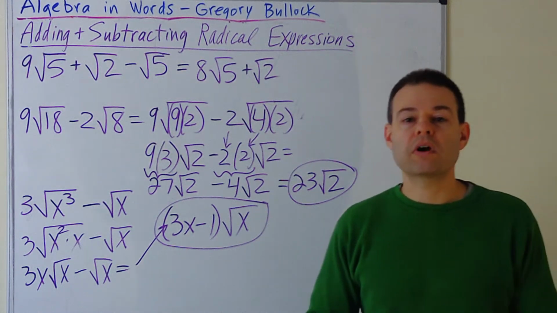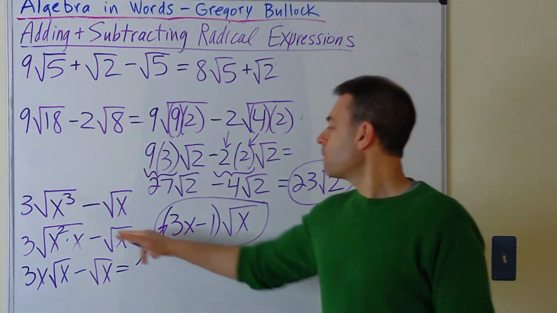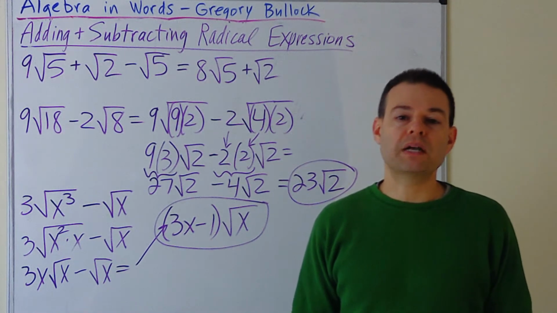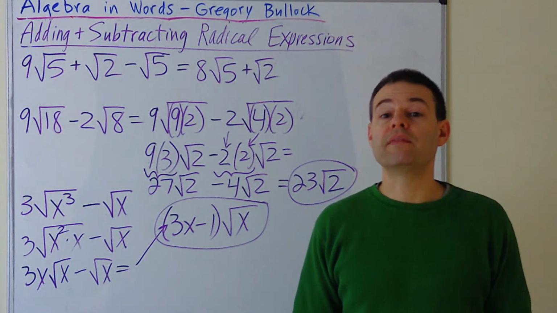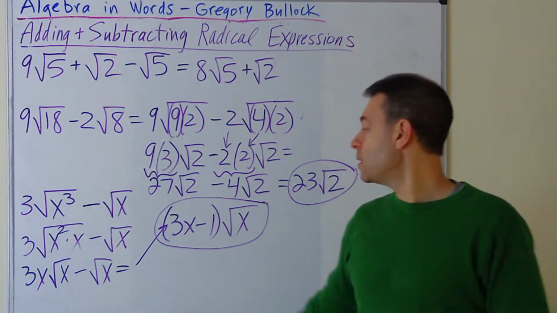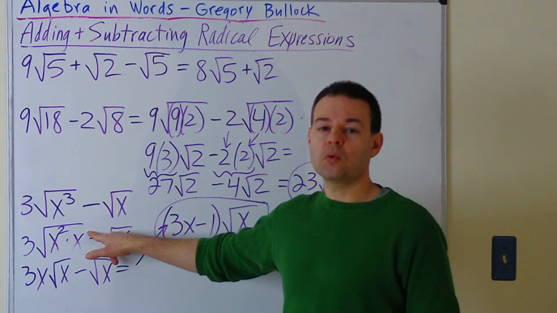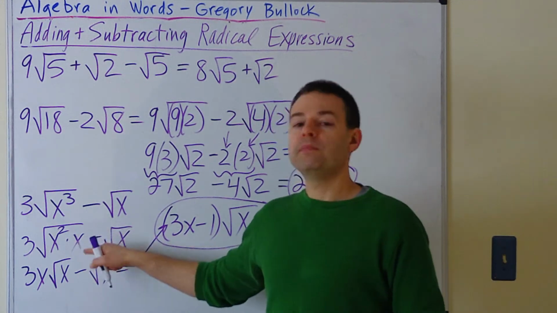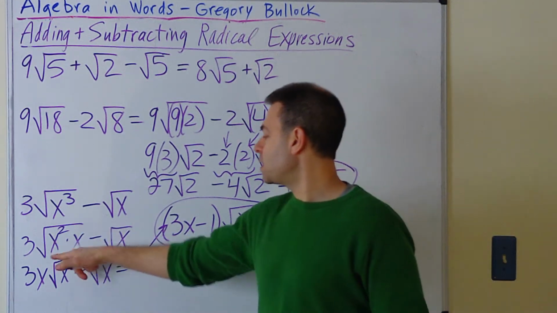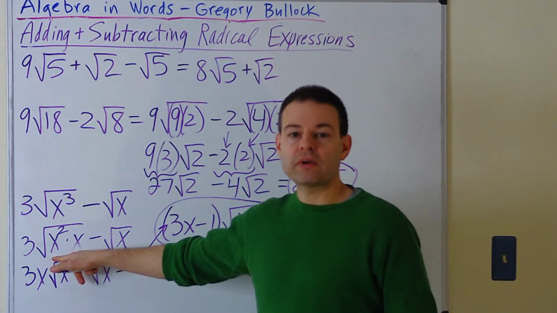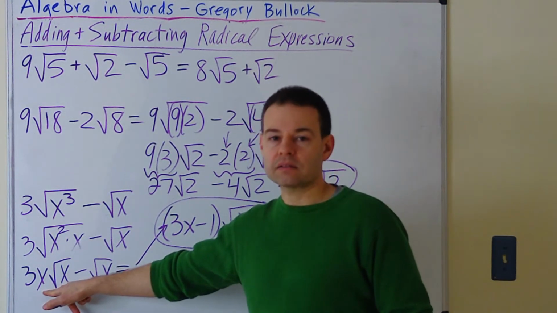So just to summarize what we did in this one, we broke up the x cubed into any perfect square factors by using the reverse product rule of exponents of bases. So we split this x cubed into x squared times x to the 1. And we did that because x squared is a perfect square, and we took the square root of x squared, which came out as x.